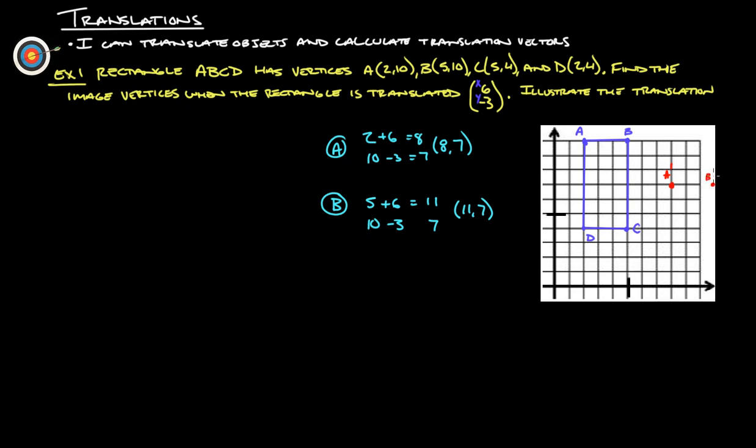So there's B prime. Okay, and then point C, we start with 5 and 4, and we're going to add 6, subtract 3 each time. So add 6 to the x, subtract 3 from the y. That gives us 11 and 1. So that point is 11, 1. So we will now graph that one. Here's 11 and here's 1.